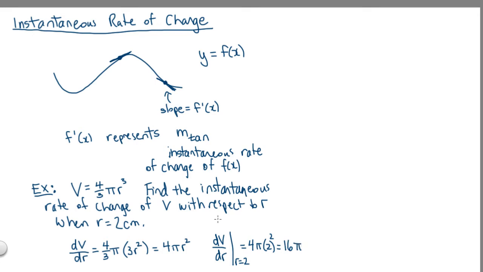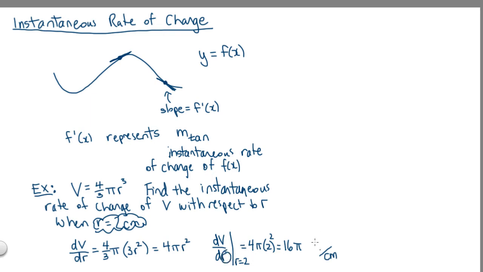Now, we did have some units given in this problem. Remember, r here was measured in centimeters. So when we give the units for the rate of change, we're actually going to give it as a fraction. The denominator of the fraction is going to be centimeters because that corresponds to the units of r.